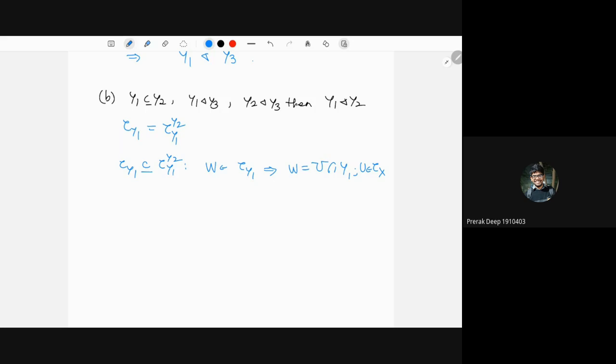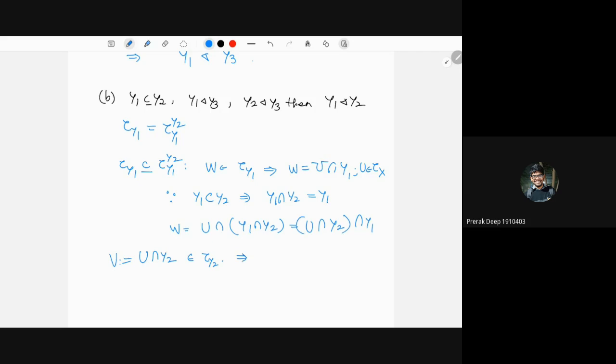Now again by similar logic, since y1 is contained in y2, we get y1 intersection y2 to be y1. So you can rewrite y1 as this intersection. You will get u intersection y1 intersection y2, and this can be further rearranged using the associativity of intersection. Now u intersection y2, let's call that v, is an element in tau y2.